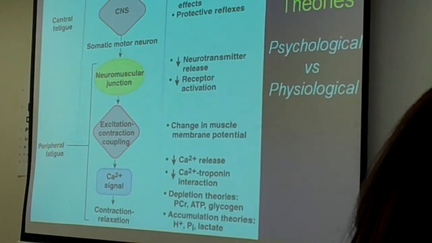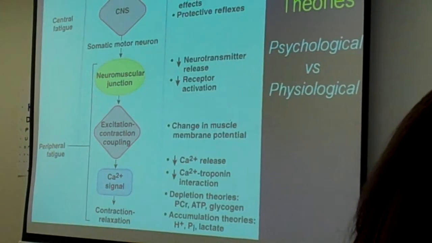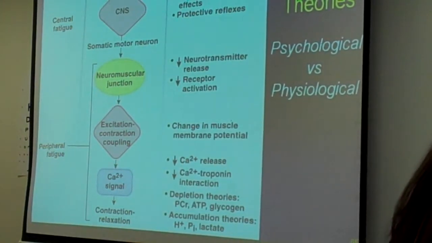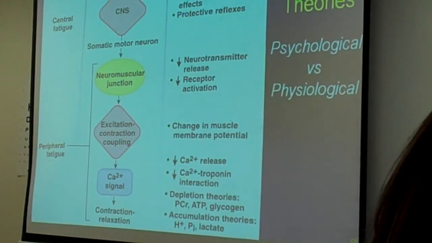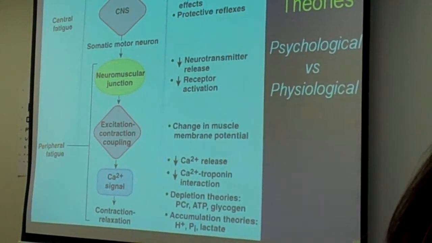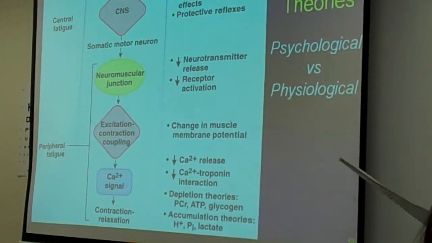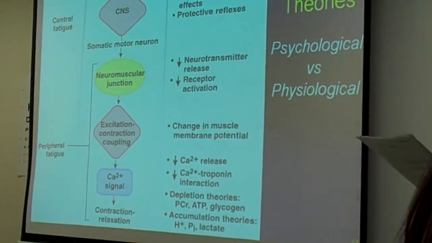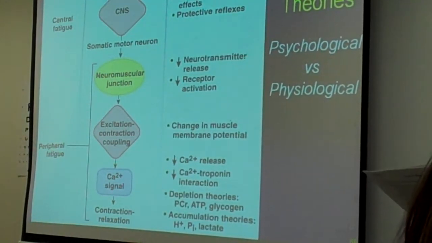And then with calcium, there may be damage to the sarcoplasmic reticulum from prolonged contractions, reducing the ability to normally restore and re-release calcium over and over and over again. And then number 4, neuromuscular junction fatigue.